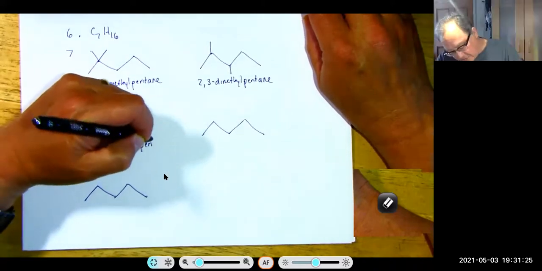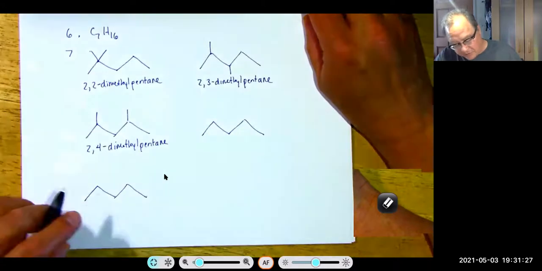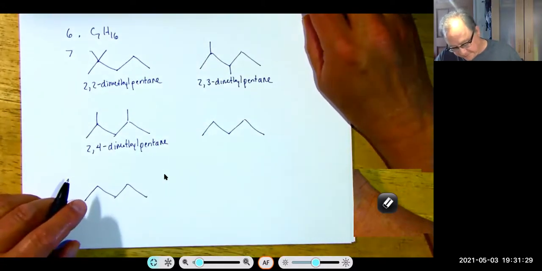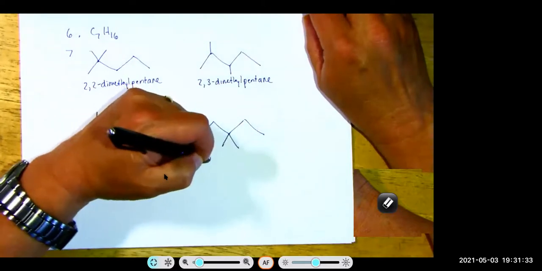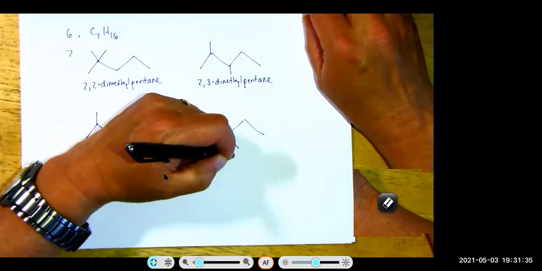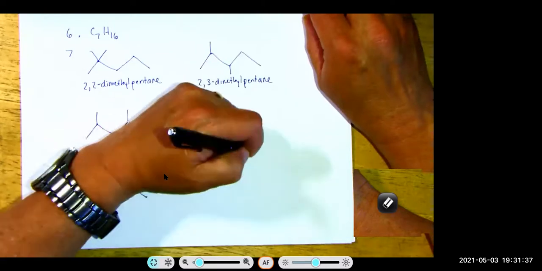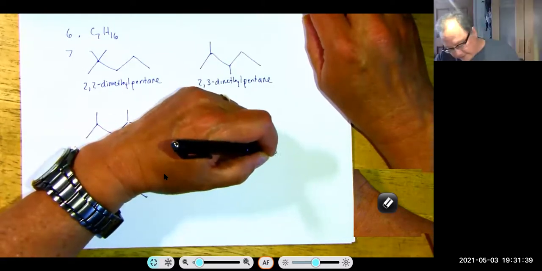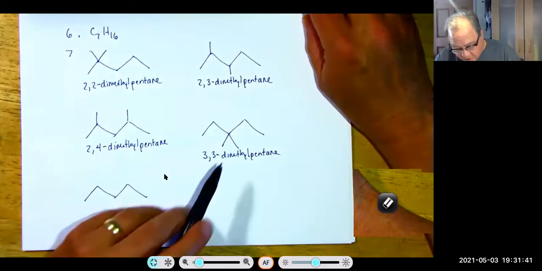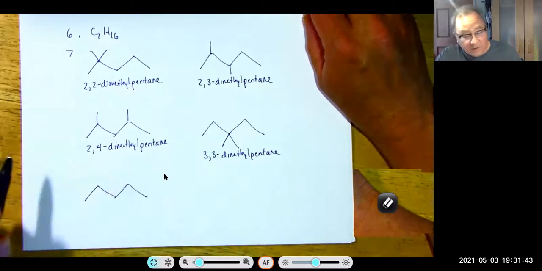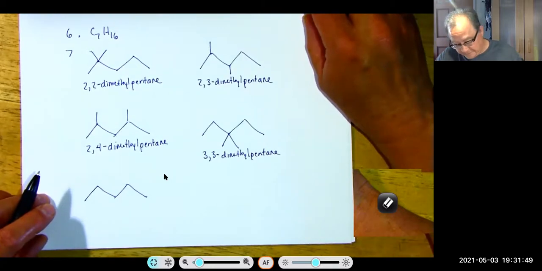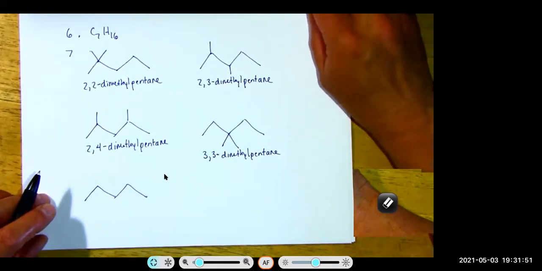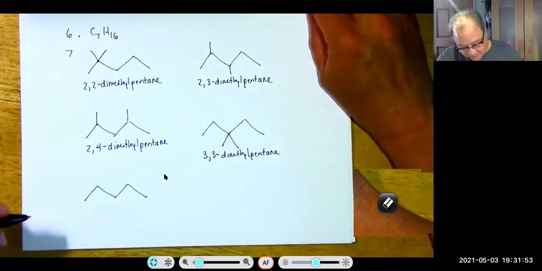Okay, now maybe we can move them both over. 3,3-dimethylpentane. Now we could keep one on carbon 3 and move the other one to carbon 4 and have a 3,4, right? You're supposed to say no. Oh, because it's the same as 2,3. It is a 2,3. So what else are we going to do?